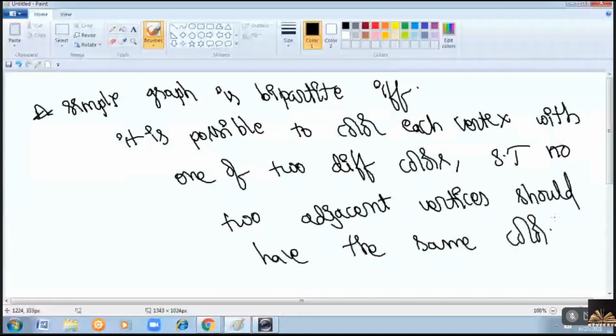Clear? And one more point to be remembered is that a bipartite graph does not have a loop.